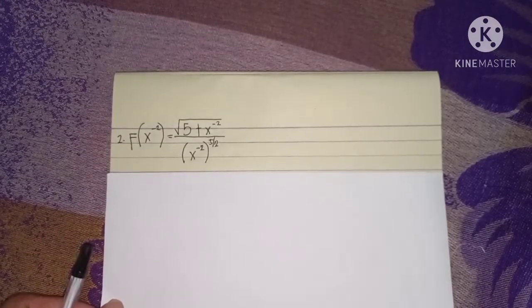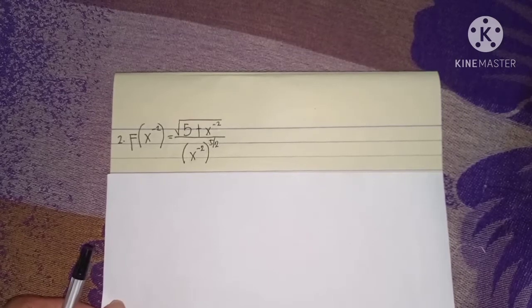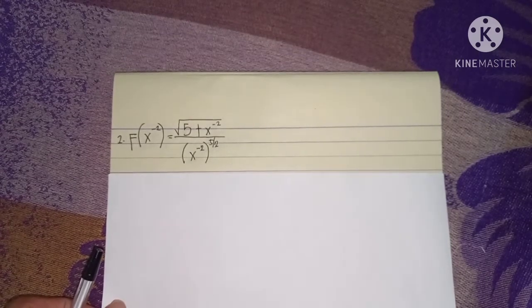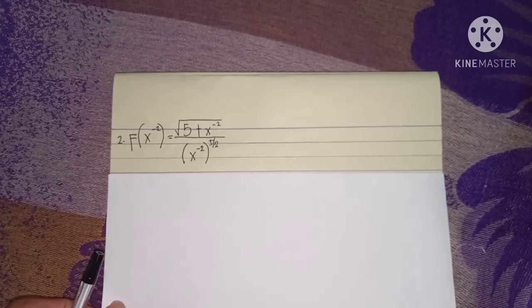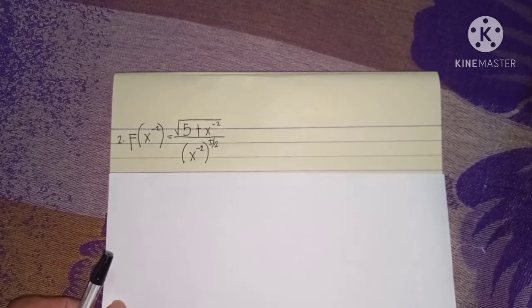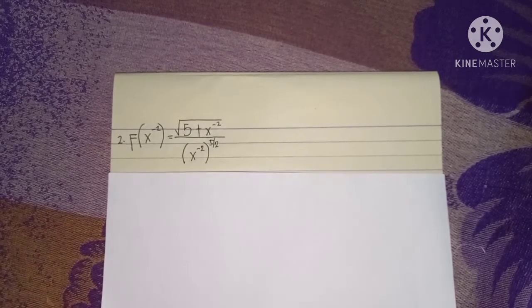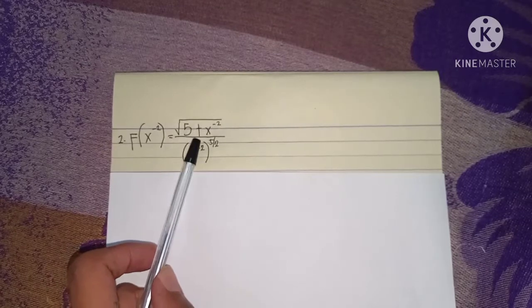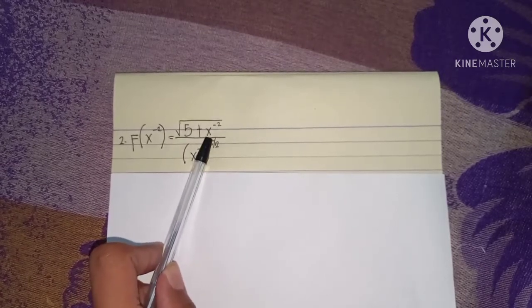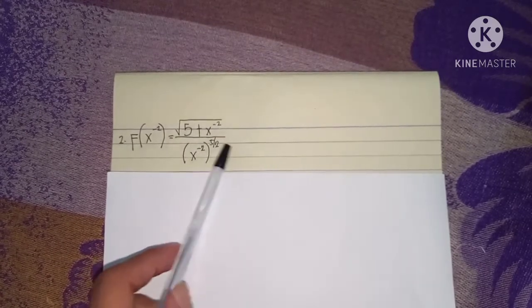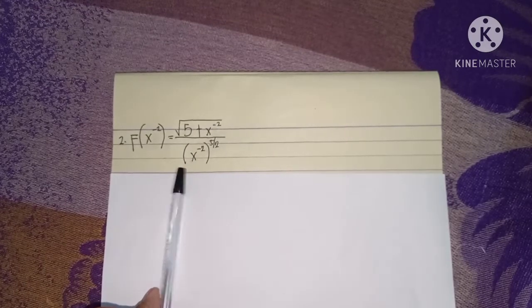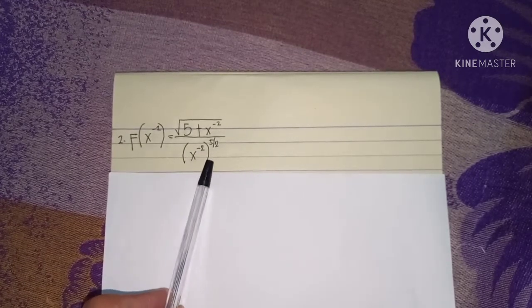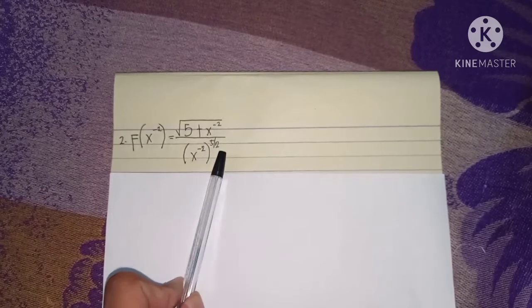So the next value is the f of x raised to the power of negative 2. So again, we will just substitute it. So square root of 5 plus x raised to the power of negative 2 over x raised to the power of negative 2 quantity 5 halves.